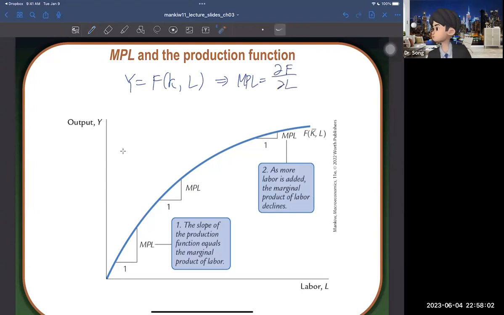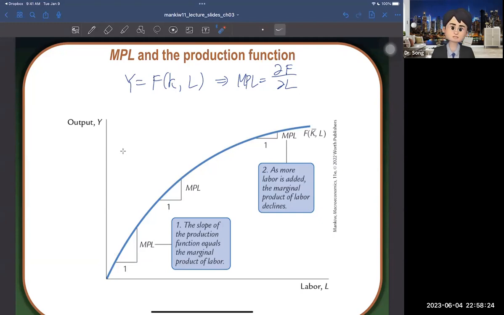What does that mean? You take the derivative of this production function with respect to labor, that's the MPL, and that is the slope. Okay, and from these curves, you can see that MPL is decreasing as X, the labor, increases. So that gives you the diminishing marginal product of labor.